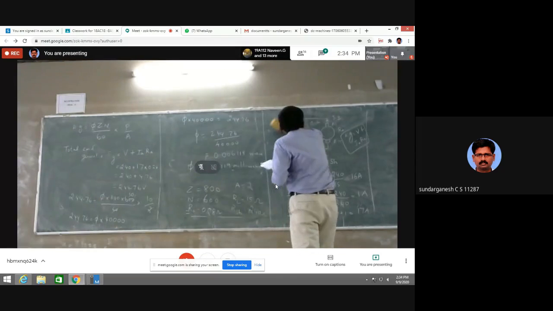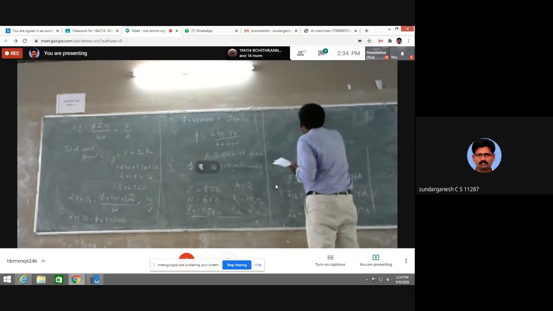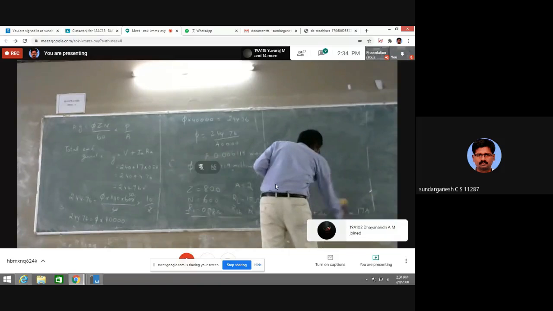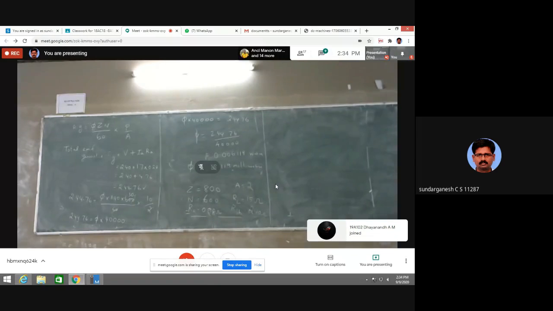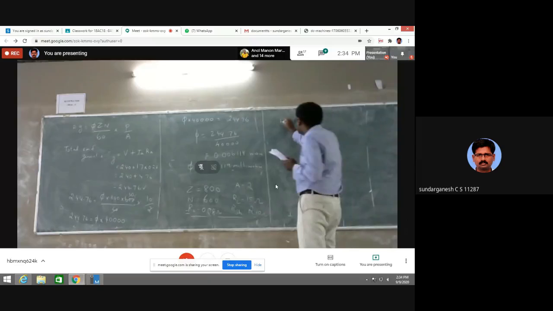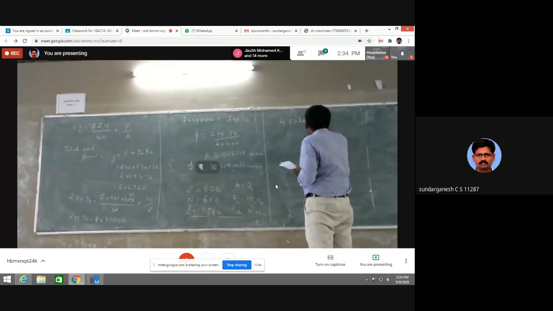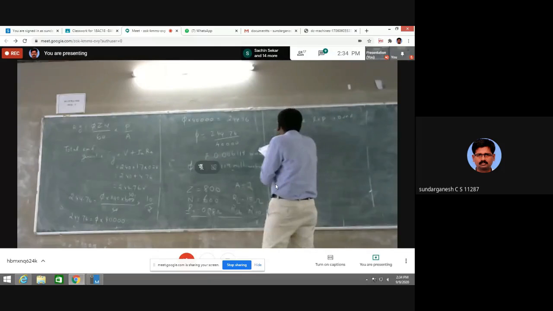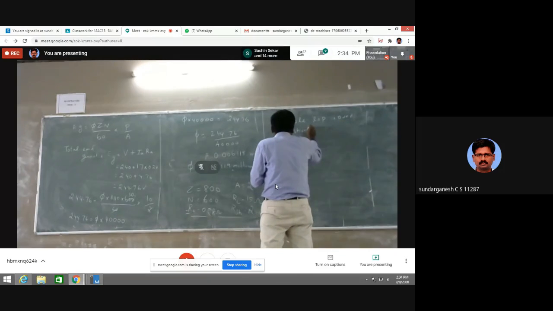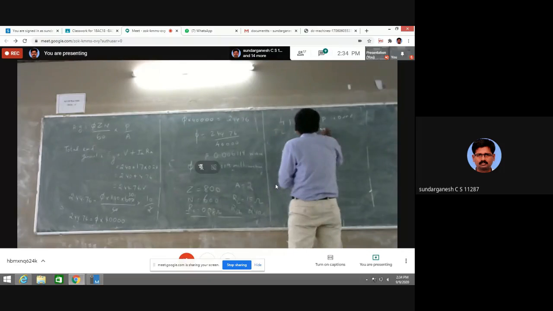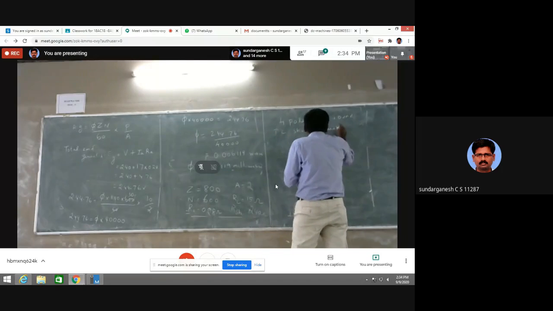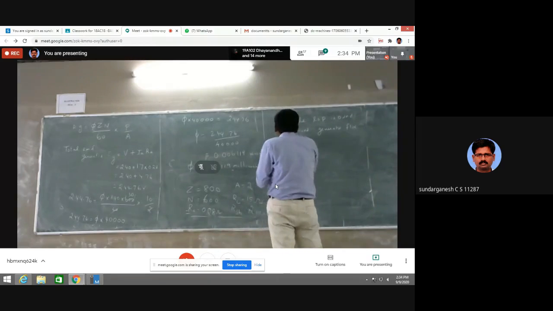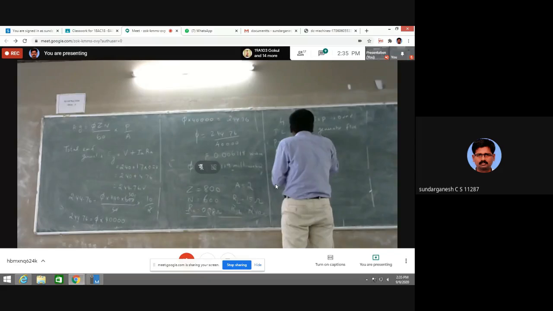The problem is a lap wound, four-pole DC shunt generator. Flux per pole is 0.08 Weber.